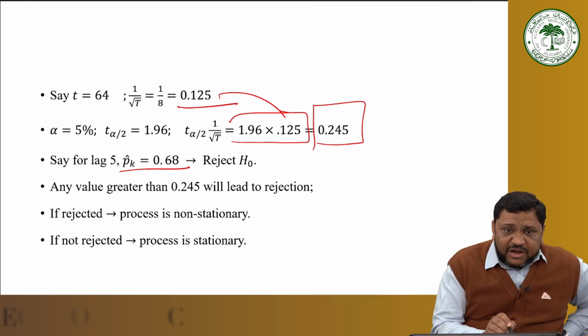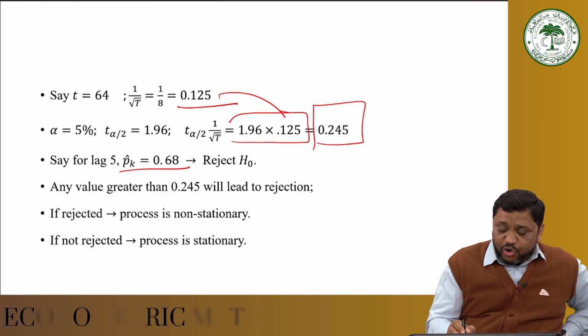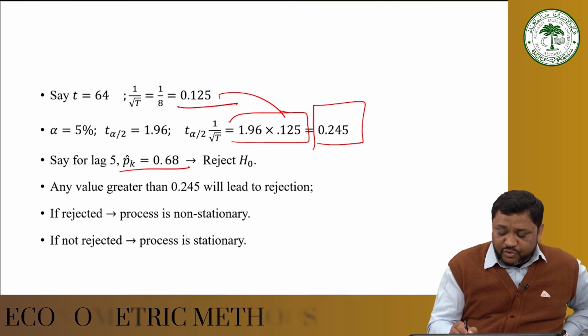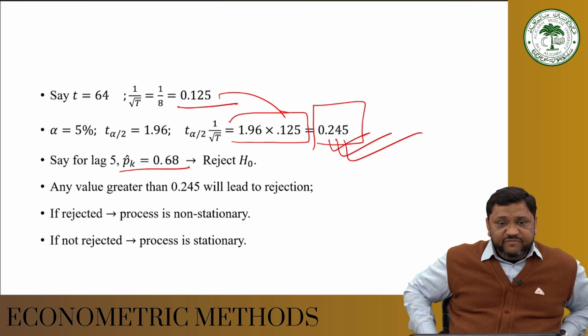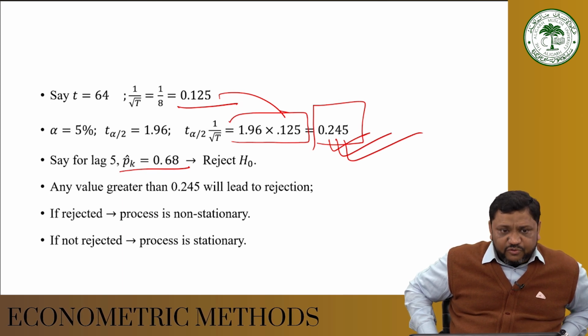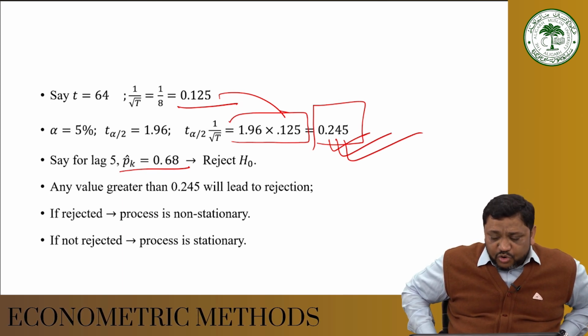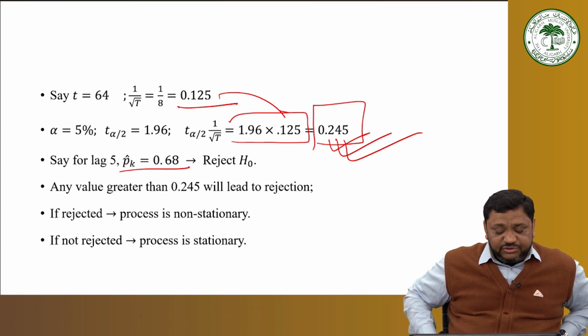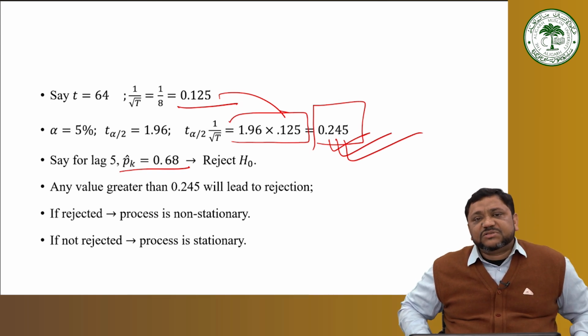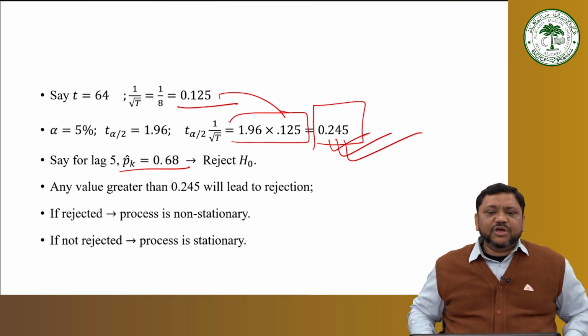As this value of rho k, 0.68 at lag 5, is more than 0.245, it will lead to the rejection of the null hypothesis. So if the null hypothesis is rejected, it means the process is not stationary. If the null hypothesis is accepted, it means the process is stationary.